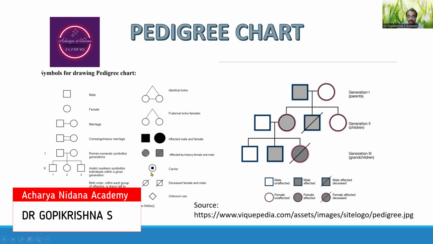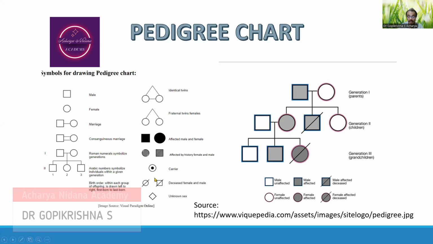This particular symbol indicates the carrier stage, whereas the oblique line drawn through the symbol indicates the diseased cases. That is, in the case of the circle, it is a diseased female, and a diseased male for the square. And this particular symbol indicates the third gender.